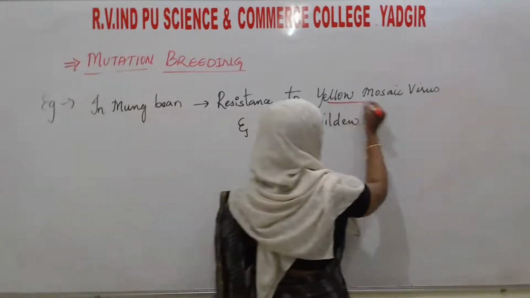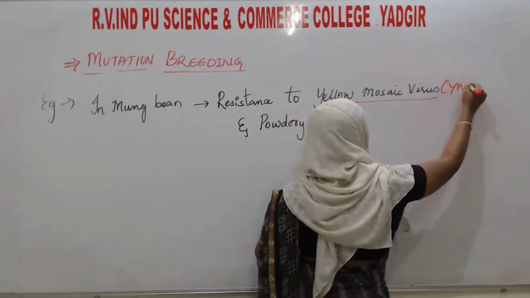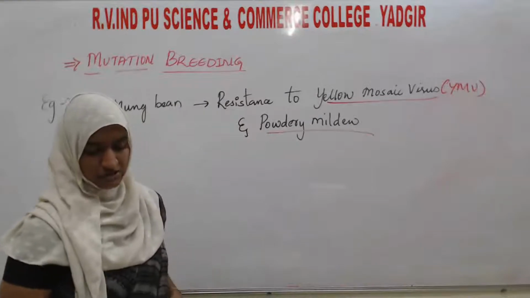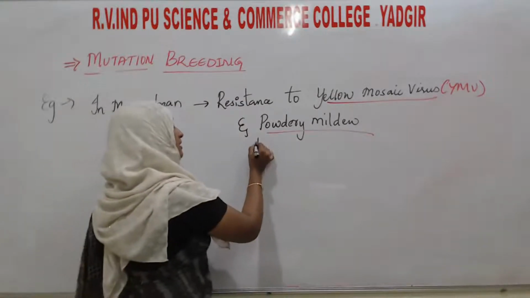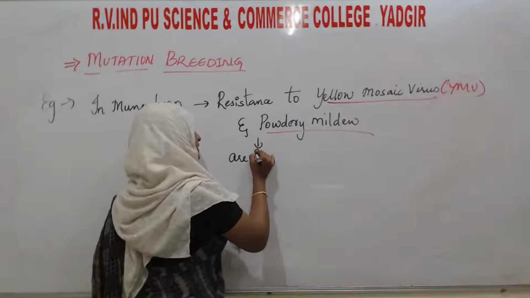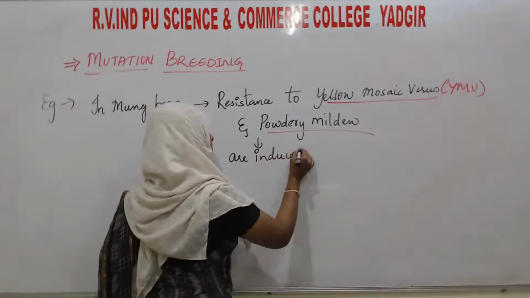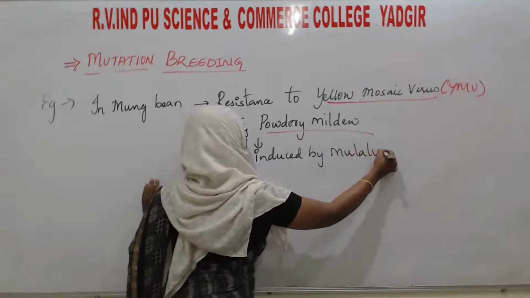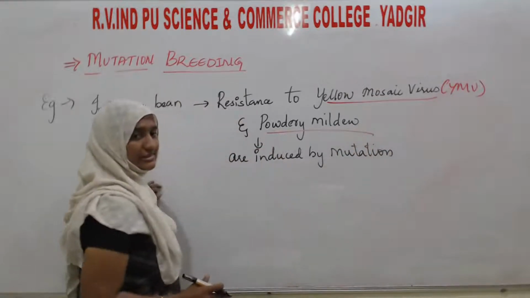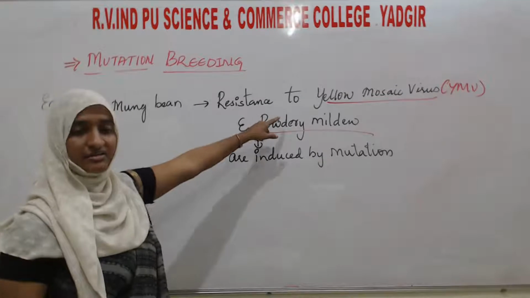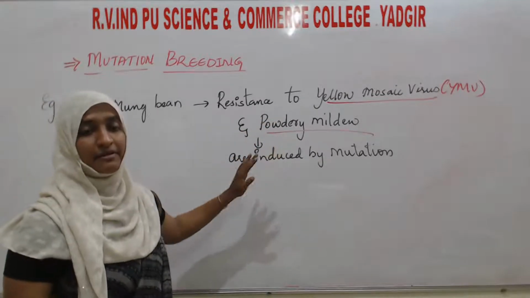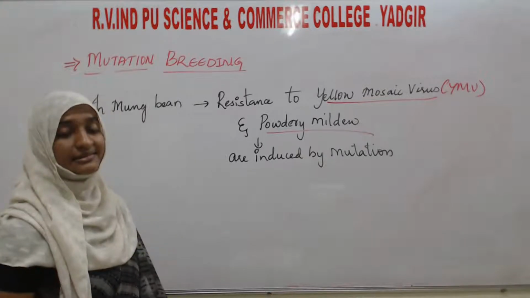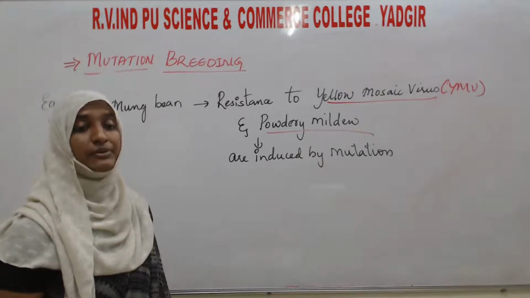One is the yellow mosaic virus, YMV, and the other is powdery mildew, and resistance to both was induced by mutations. This resistance to that virus and this disease is developed by mutation breeding.